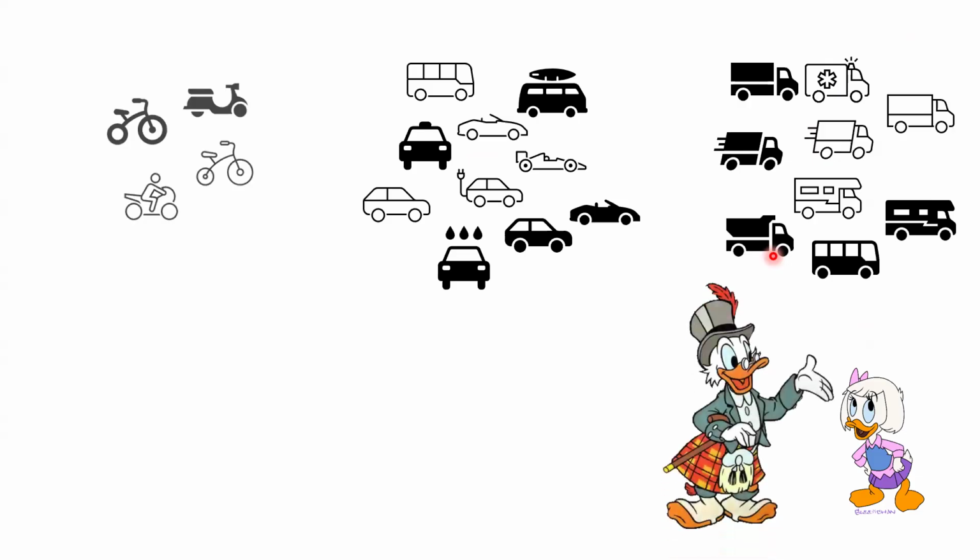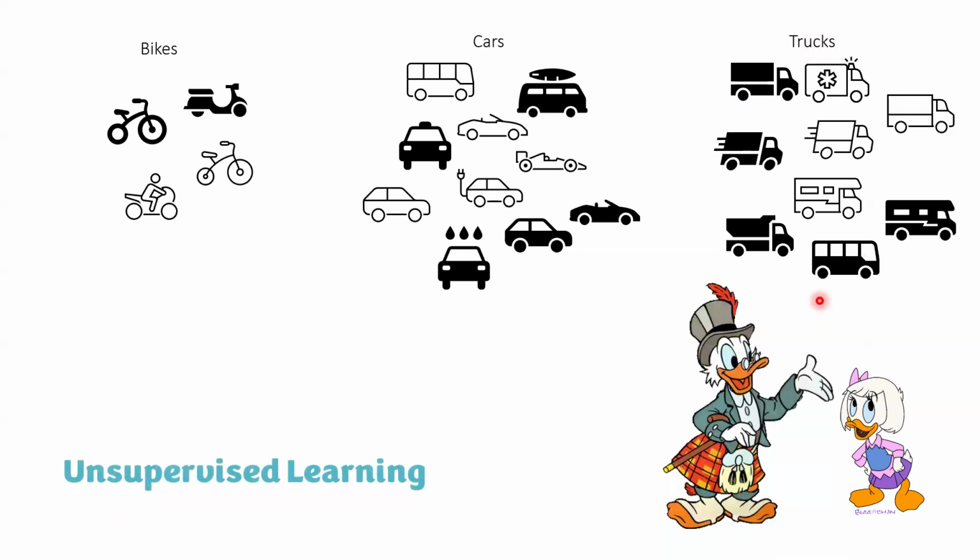What I have been doing, these are bikes. So when I say these are bikes, I am labeling my data. Correct? If with each image I say this is a bike, this is a bike, I have labeled my data, isn't it? I label all my car images also. I label all my truck images also. So this is called unsupervised learning.